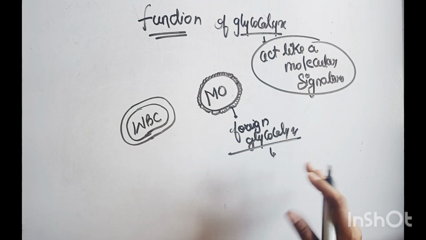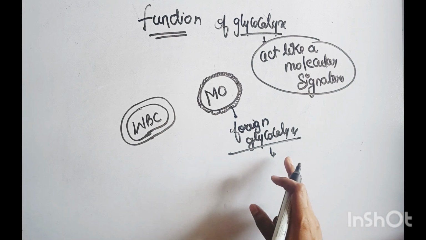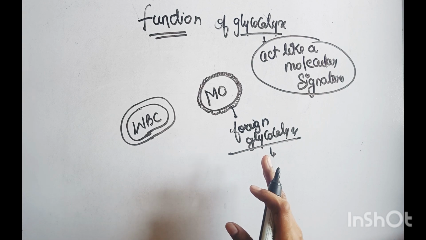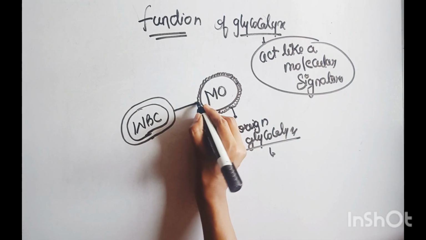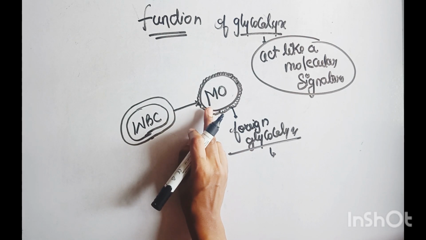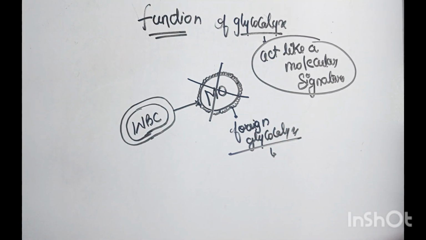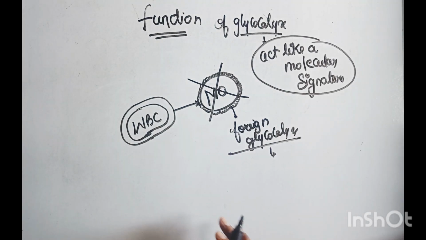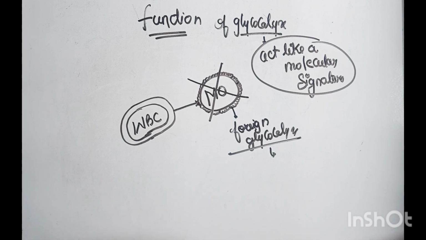The pattern of carbohydrate in the glycocalyx is different from one cell to another. So the WBC easily detects these microorganisms, kills and destroys them, and protects our body from them. That is the first function.